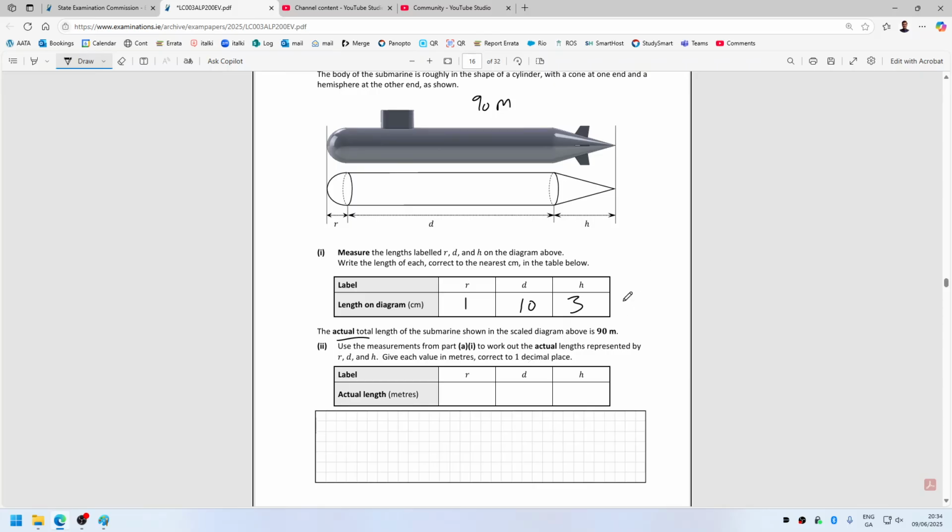So this would have to be scaled up by 40 over 7, like about 5.714. To one decimal place, that'd be 5.7. Oh well, it's 90 meters, I suppose. So 5.7.